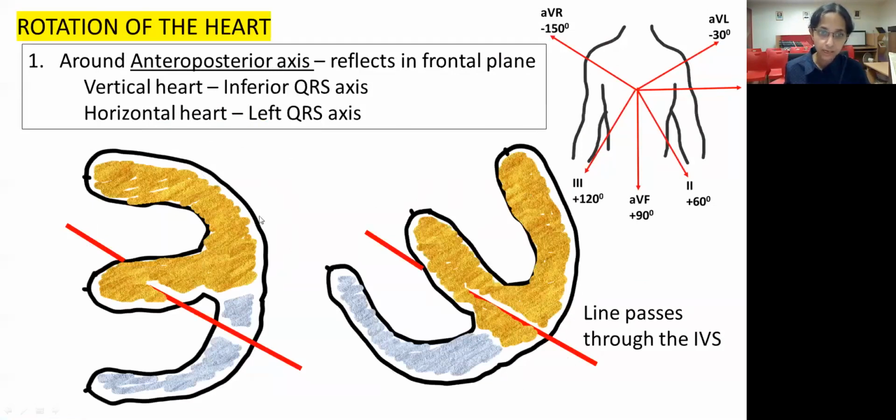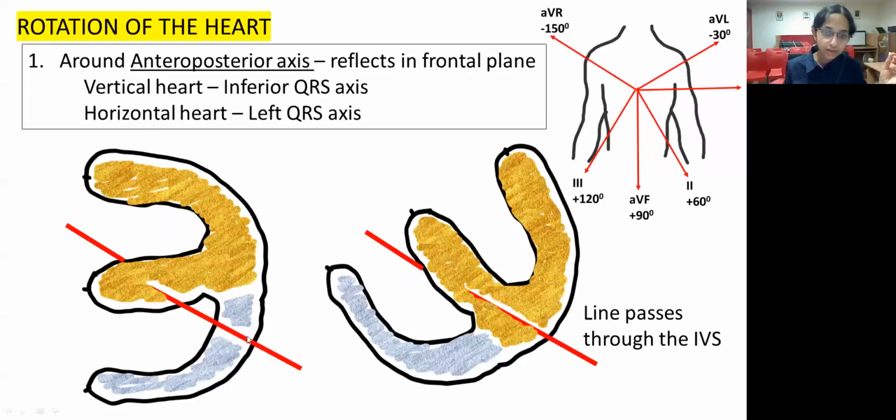So this is the whole cardiac mass, and the rotation happens across this angle. So if this is the patient, the rotation happens like this in this plane. This heart mass is rotating like this. This is the clockwise direction, and this is the anti-clockwise direction.